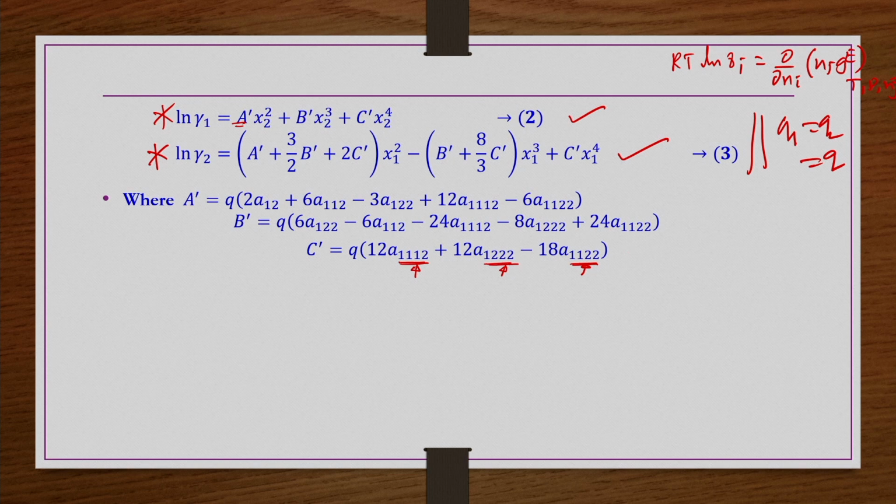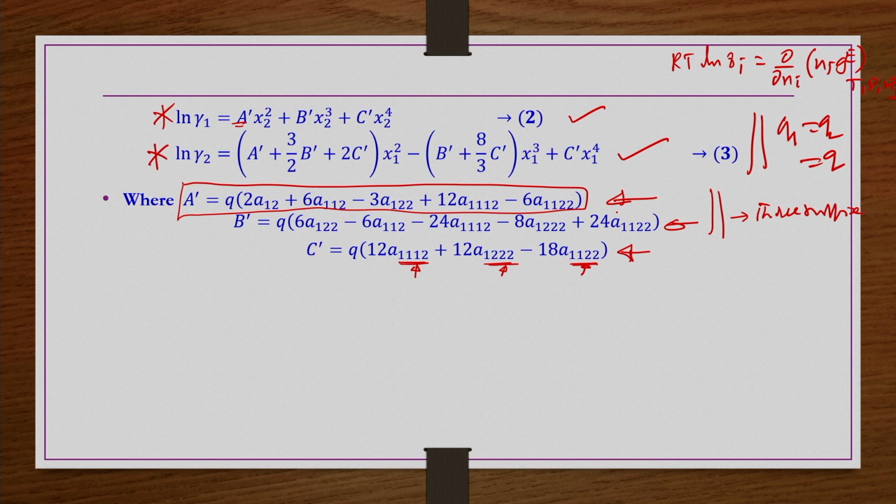So, that means if you do not include C and include only A prime and B prime, then it will become the 3 suffix Margules equation. And if you include only A prime and nothing else, then it will become the 2 suffix Margules equation.